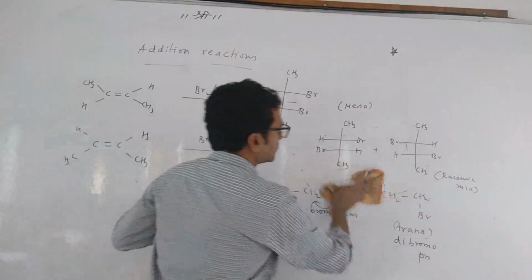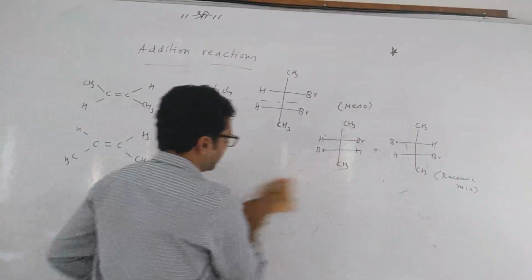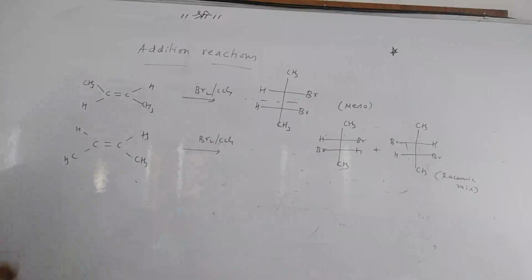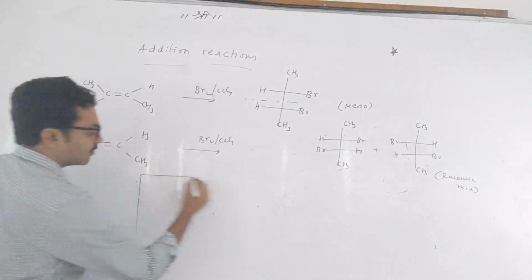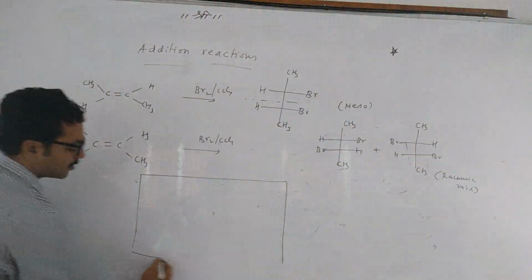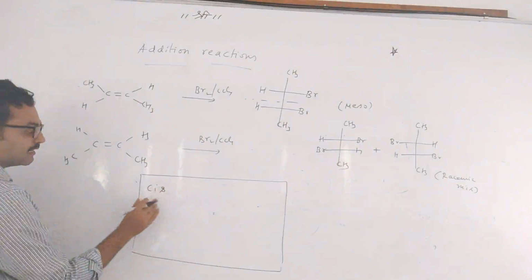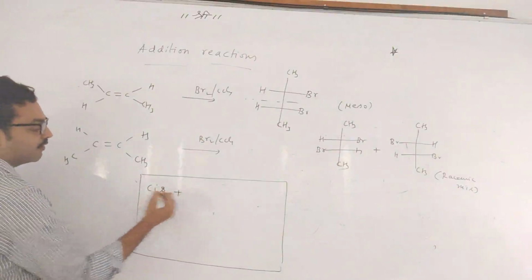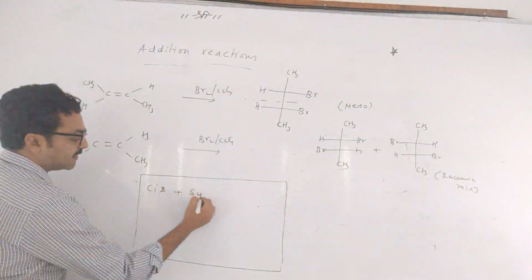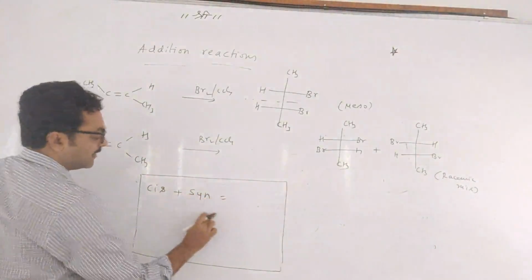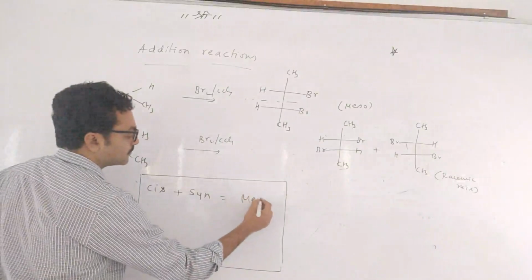How to remember this? If you write it in tabular form, that will be easy for you. Anytime a cis alkene is taken and the addition is syn, then it is meso.